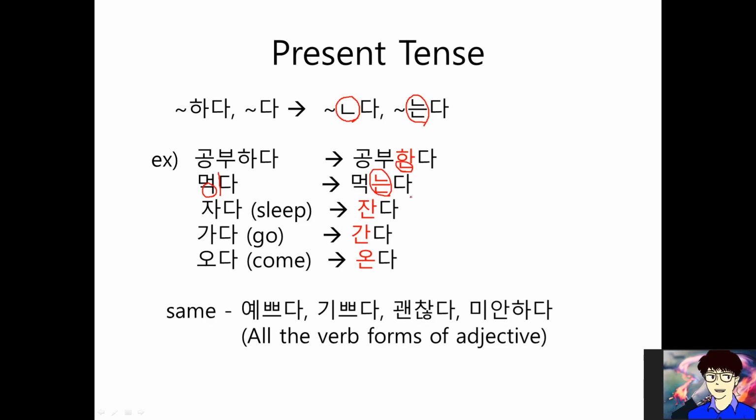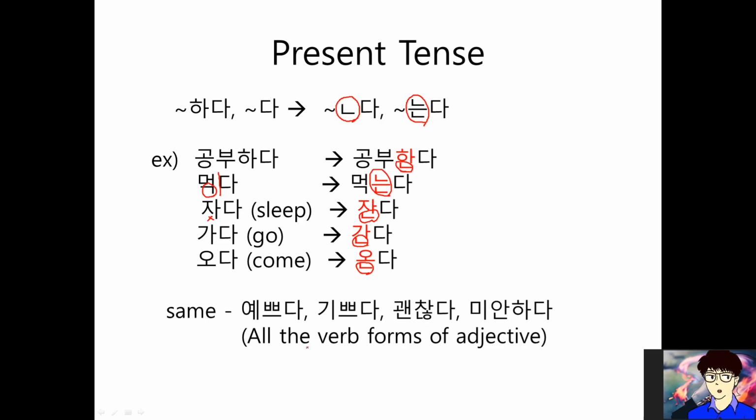So 먹는다, because of the convenience of pronunciation. 먹는다, present tense. And 자다, 자다 is to sleep, right? And blah blah 다, there's no 받침. In that case, just ㄴ, so 잔다. 가다 is also the same, 가다 is to go, so ㄴ, 간다. 오다 is to come, and there's no 받침, right? So ㄴ다, 온다. You can understand me, right?